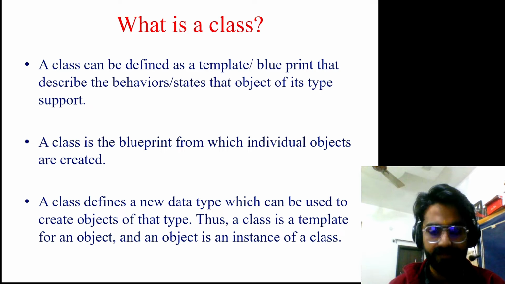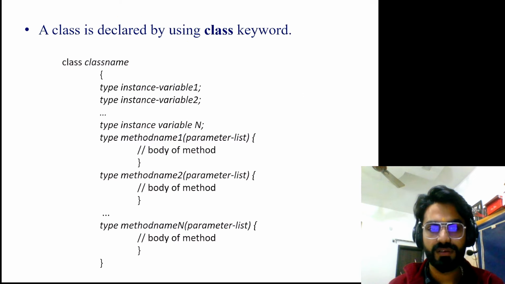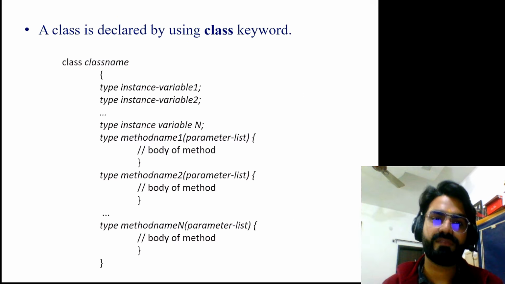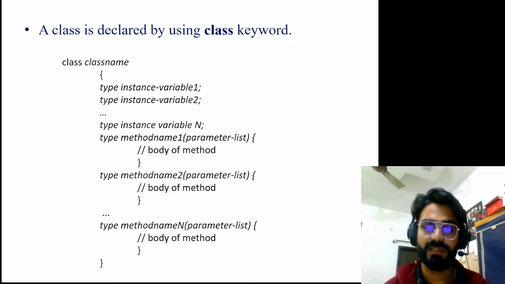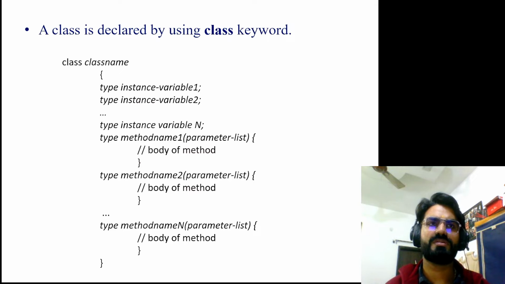Now you get it? Okay, moving to the other part. So how is a class defined? A class is declared by the class keyword itself. Now in Java, you can't have the class keyword with a capital C. It should be a small c. Then you have to give the class name, whatever it is, like a demo class, dummy class, or lecture one, lecture two.